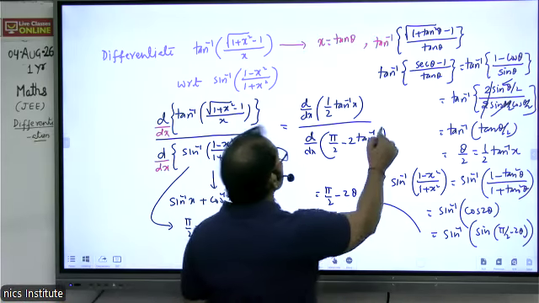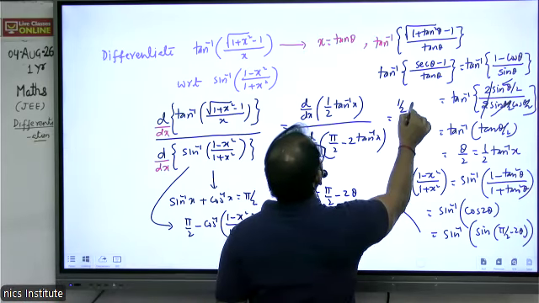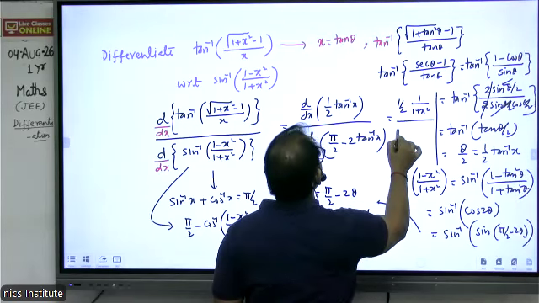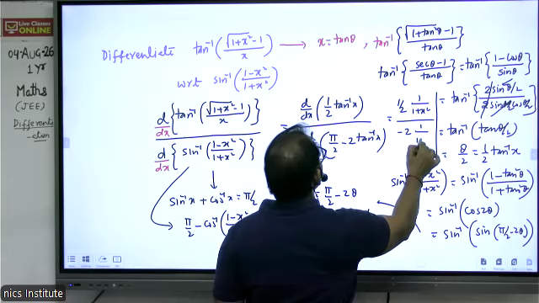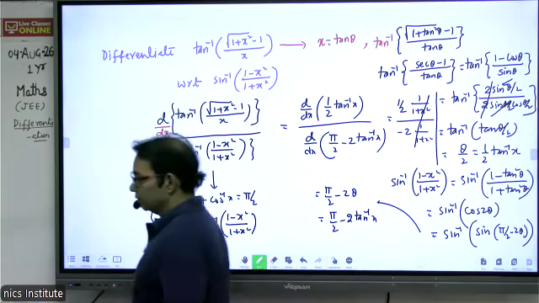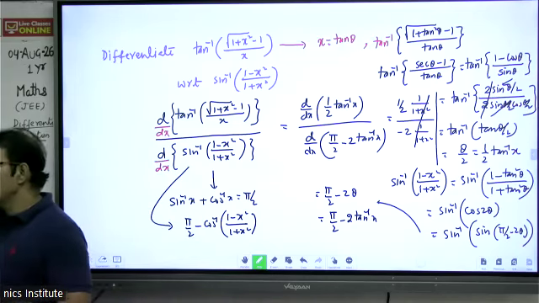So this is 1 by 2, 1 over 1 plus x square. This is minus 2, 1 over 1 plus x square. This will cancel. Minus 1/4 is the answer.